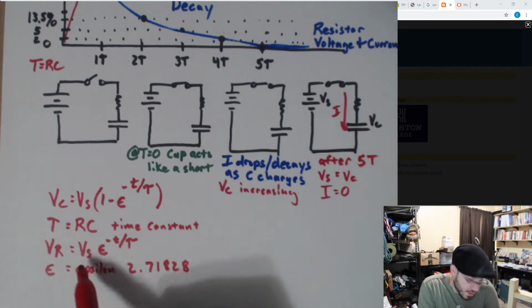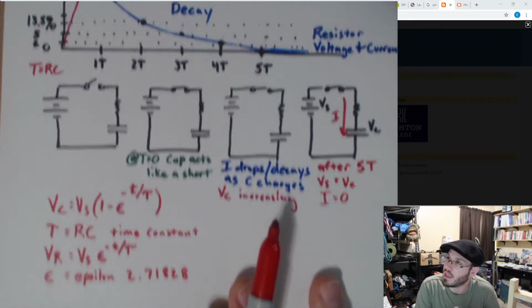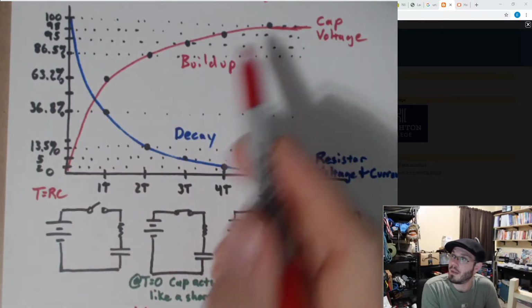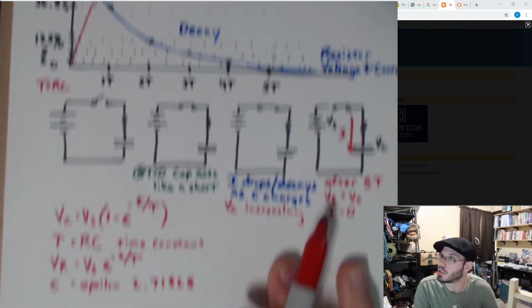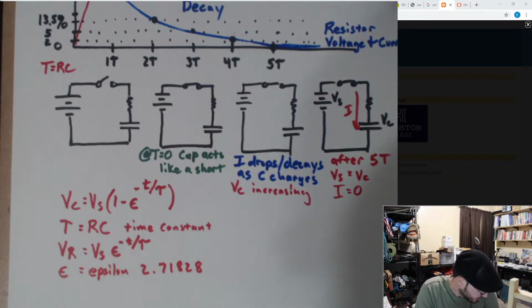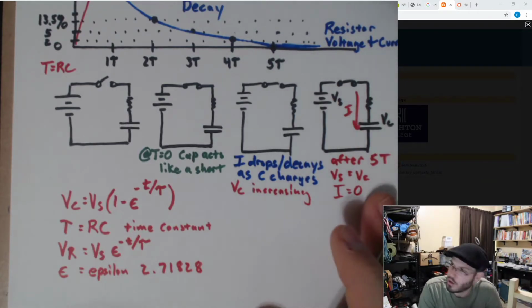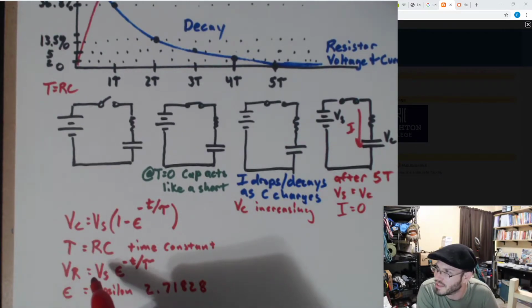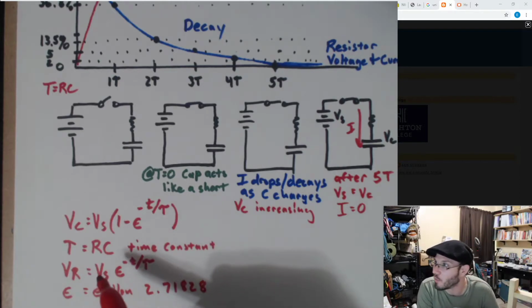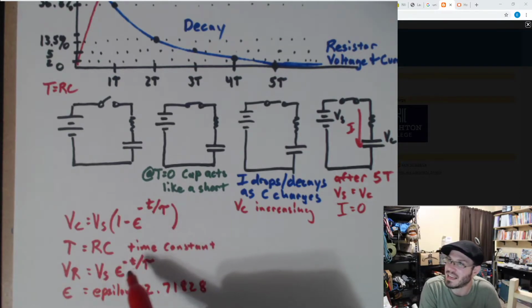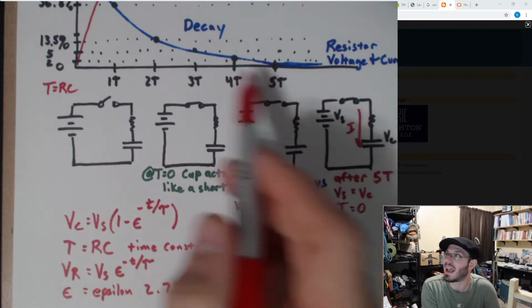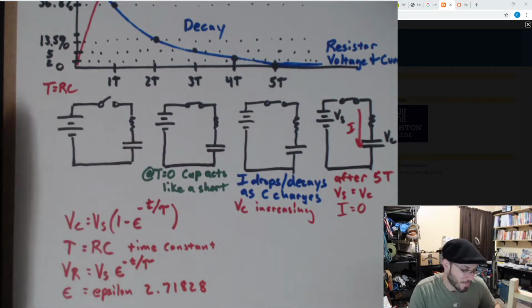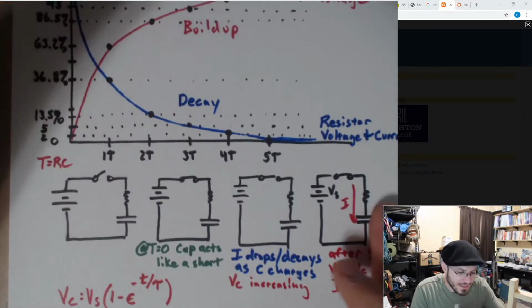And so with these two equations, you can figure out everything you want to know over time as a cap charges or discharges. And if you wanted to figure out what the current is, well, just solve for your voltage across the resistor and apply Ohm's law, and you can figure out the instantaneous current at any time. Okay? So let's go ahead and see an example of using that.